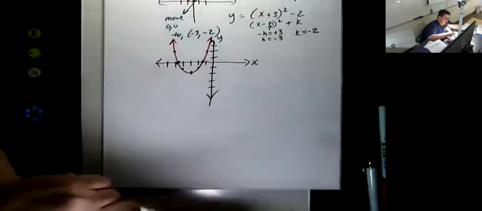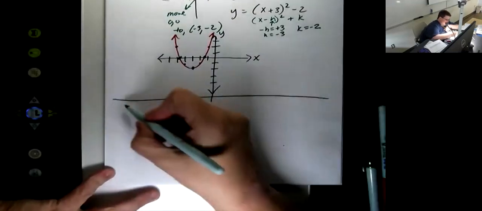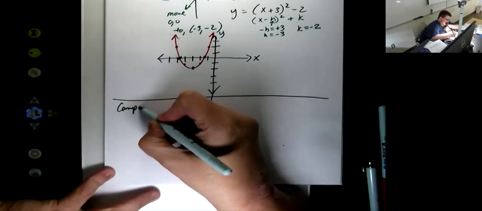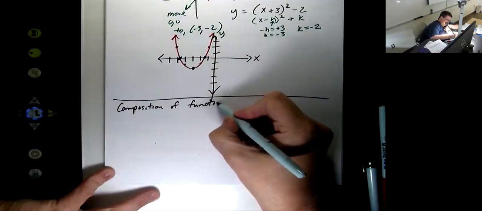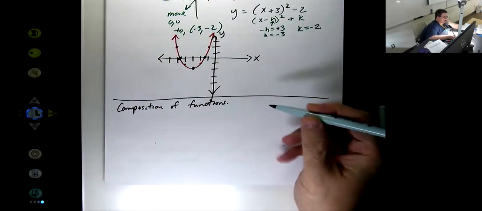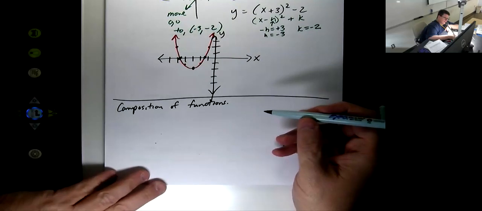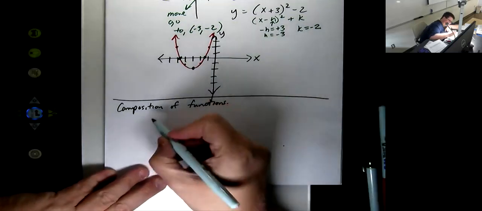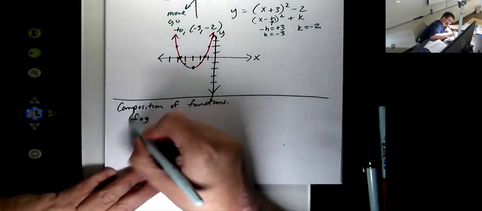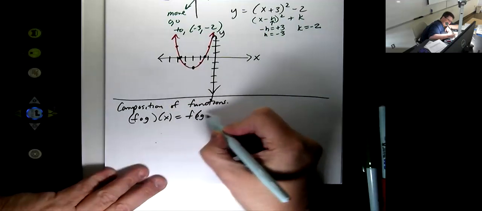Something else we did, we looked at composition of functions. (f∘g)(x) equals f of g of x.